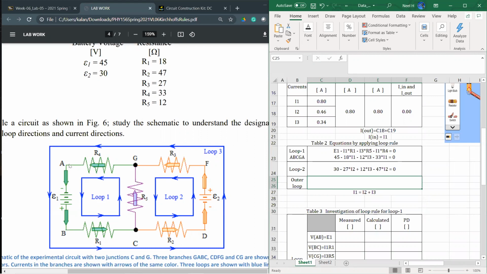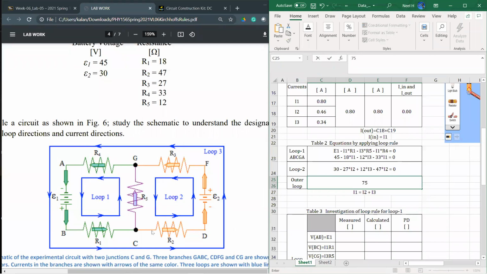For the outer loop, let's start at point A, B, C, D, F, G, back to A, without passing through the middle part. If I start at A, I have 45 volts here, then I have 30 volts here, 45 plus 30, 75 volts in total.